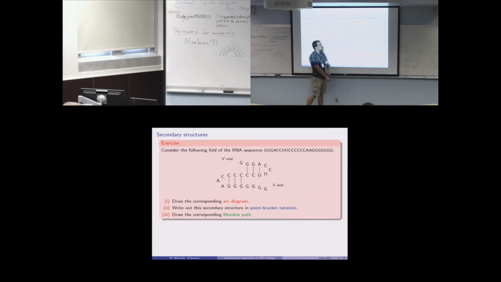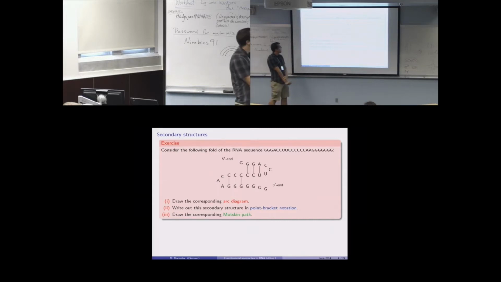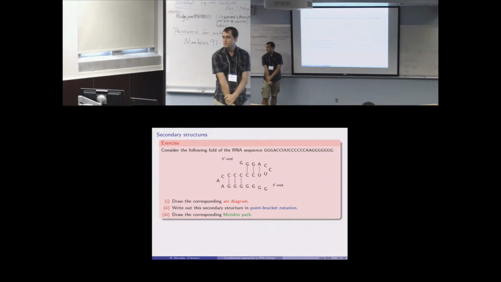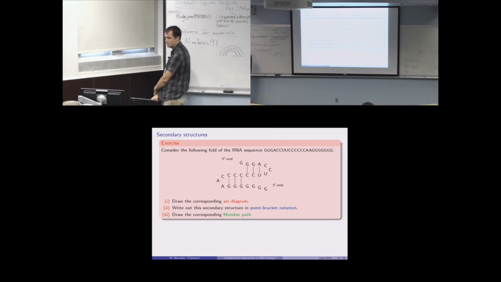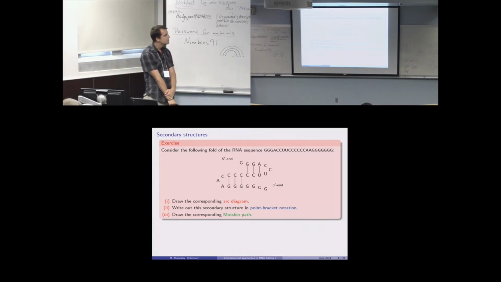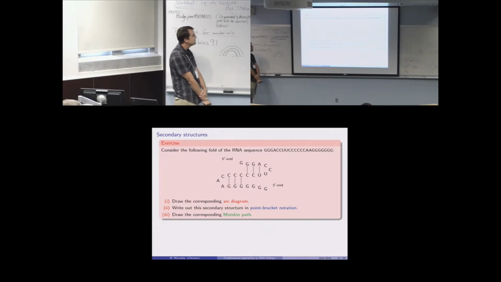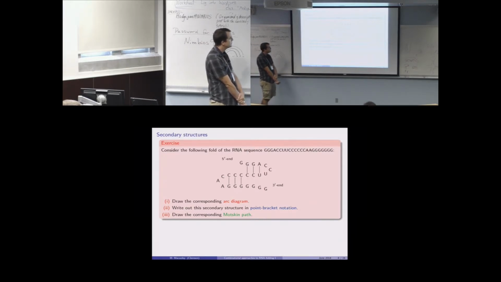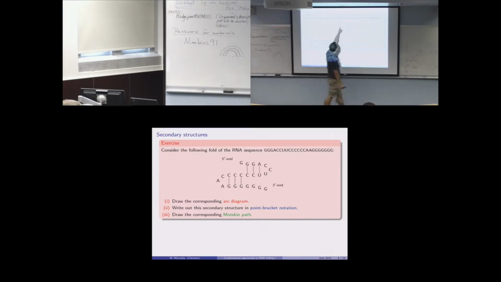You can think of this as like Velcro. Three G's, A, 1, 2, 3, 4, 5, 6, 7 G's.